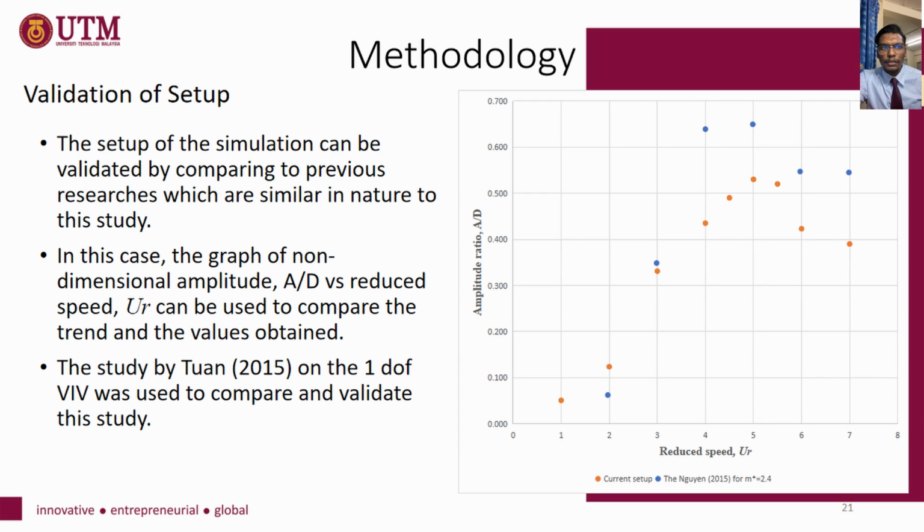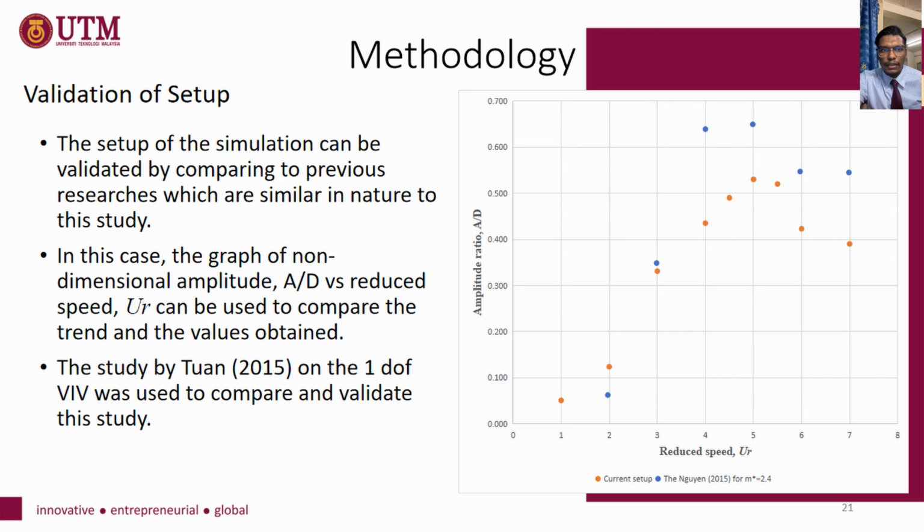The setup of the simulation can be validated by comparing to previous researches which are similar in nature to the study. In this case, the graph of non-dimensional amplitude A/D against the reduced speed can be used to compare the trend and the values obtained. The study by Tuan 2015 on the 1 degree of freedom VIV was used to compare and validate the study.